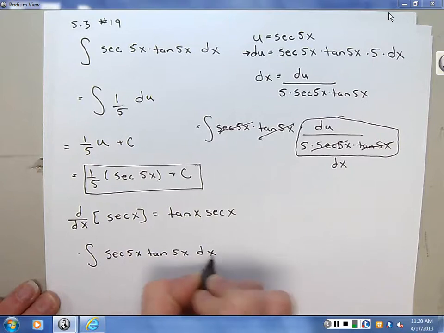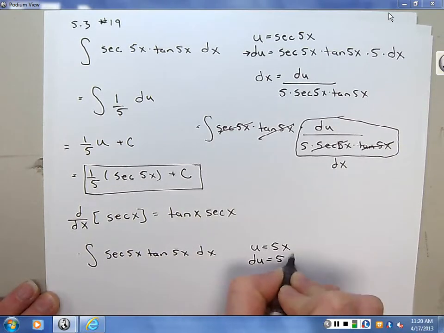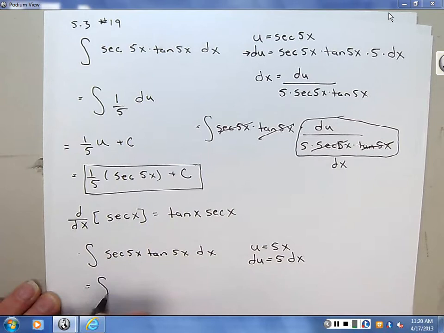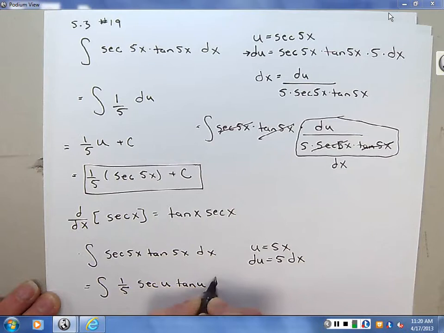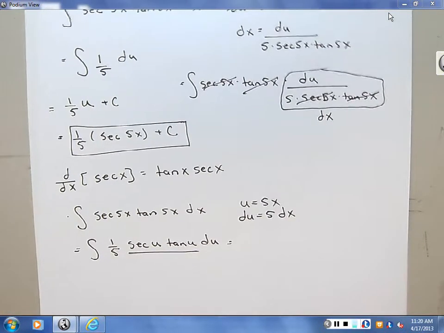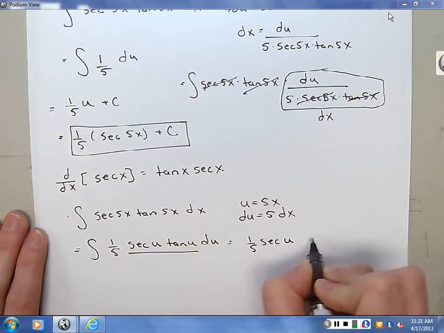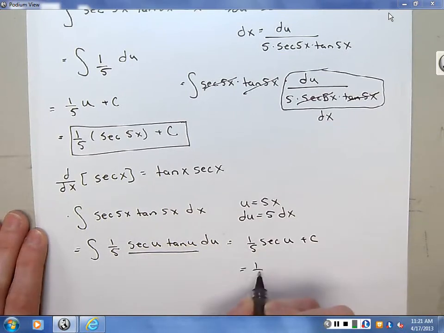I could say, let u equal 5x, then du is 5 dx, so then I have the integral of 1/5 secant of u tangent of u du, which I know the integral of secant of u tangent of u is just secant of u. So this is 1/5 secant of u plus c, which would be 1/5 secant of 5x plus c.